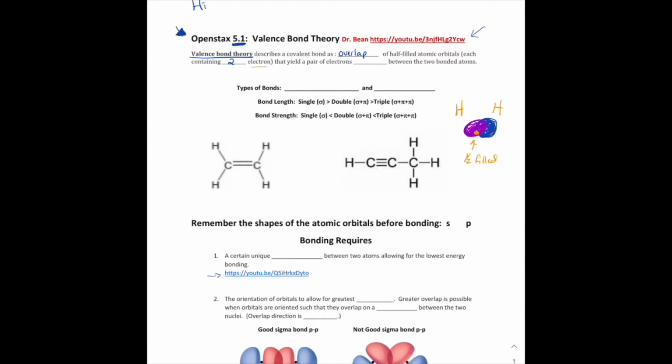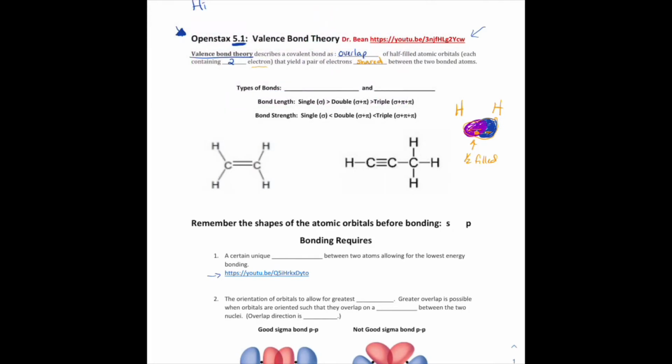And they yield a pair of electrons shared. Hey, this is covalent chemistry, so they're shared between the 2 bonded atoms. So when they make this kind of shape, they can jump in and out of each other's space. So that one can go there and they can move all over. Y'all good? Hopefully you're good.